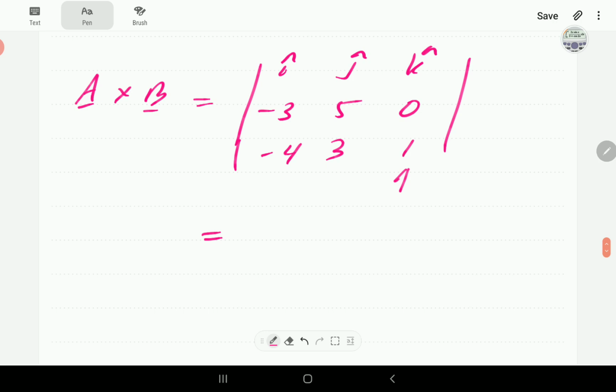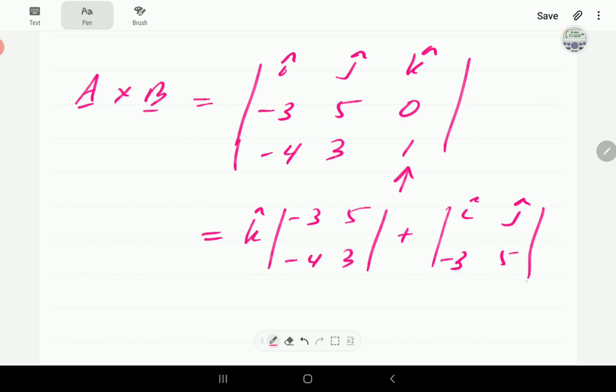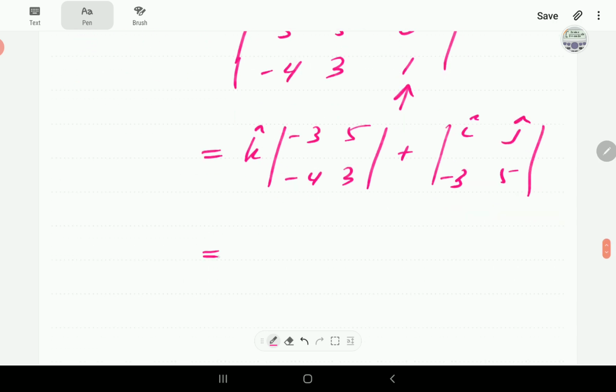If we do this along the third column, we're going to have k into minus 3, 5, minus 4, 3, plus i j minus 3, 5. So that's going to be minus 9 plus 20.